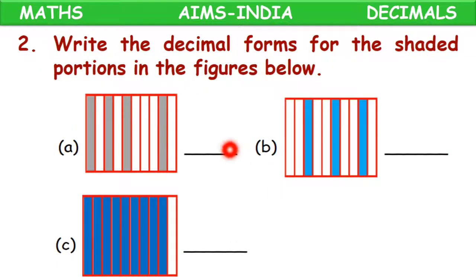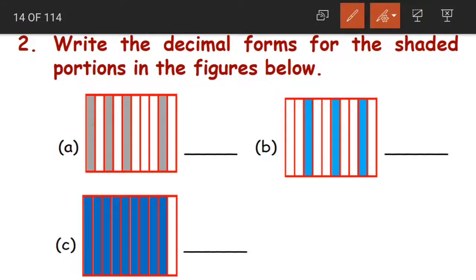Next, write the decimal forms for the shaded portions of the figures given below. 1, 2, 3, 4, 5, 6, 7, 8, 9, 10. Again, it represents the fraction with 10 as the denominator because there are 10 total parts, and we have 4 shaded parts, so it becomes 4 by 10. What will be the decimal form? 0.4 becomes the decimal form.